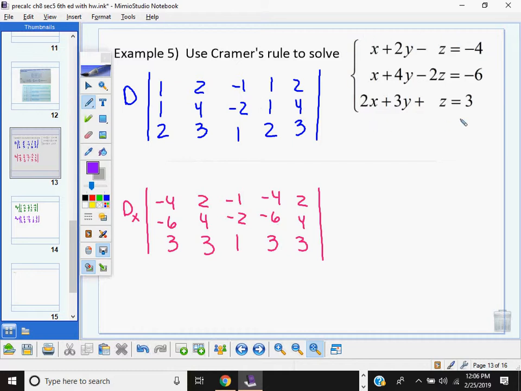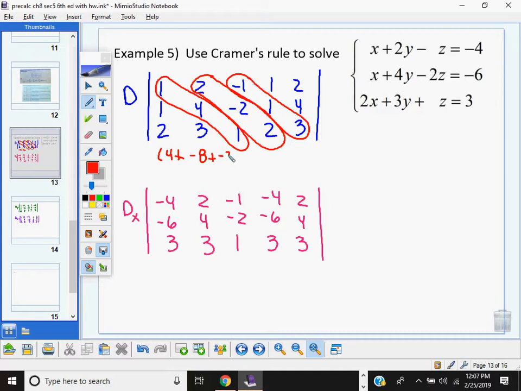First, we're just doing the part on the left of the equals, and I copied the first 2 columns over. So let's find the determinant of this one. We're going to multiply down. 1 times 4 times 1 is 4, plus 2 times negative 2 times 2 is negative 8, plus negative 1 times 3 is negative 3.